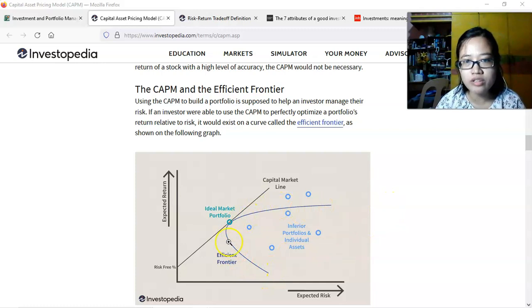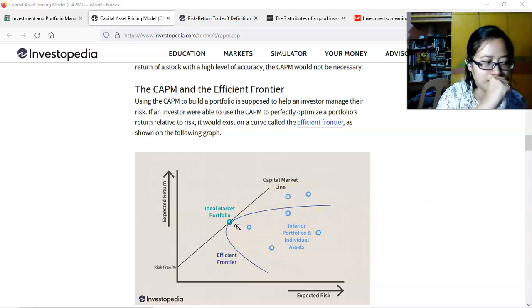This curve is called the Efficient Frontier, Ideal Market Portfolio, Optimal, and then yung capital market line is just here, risk. Lowest rate would be the risk-free rate. Okay, tapos you have your other investments here, inferior compared to the ideal market portfolio.